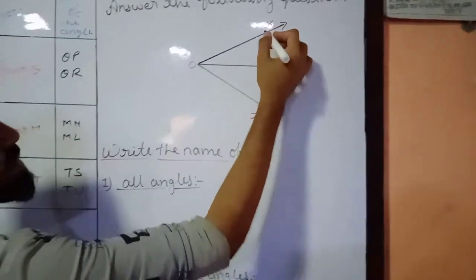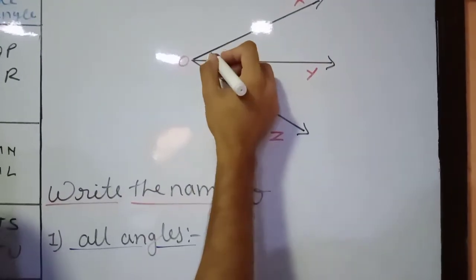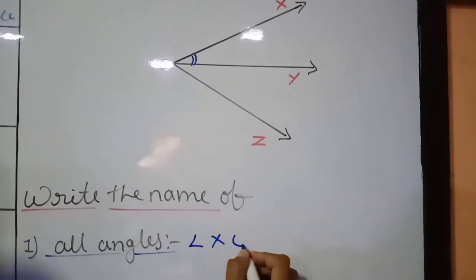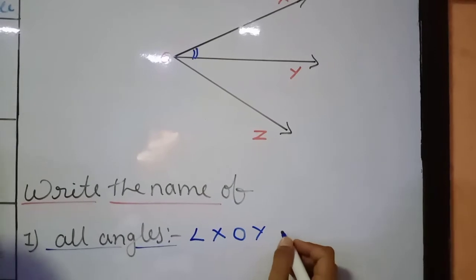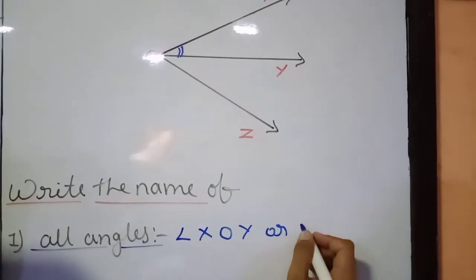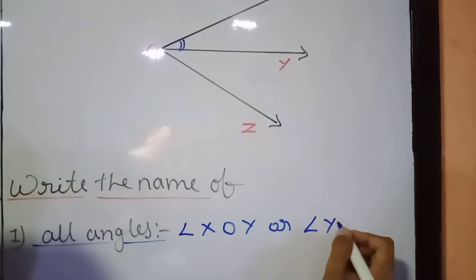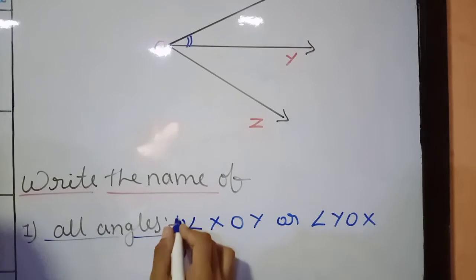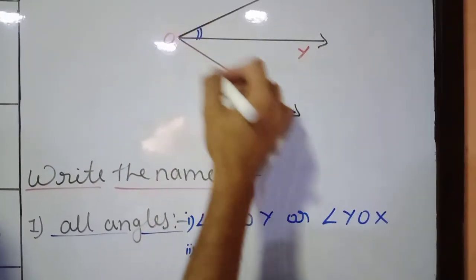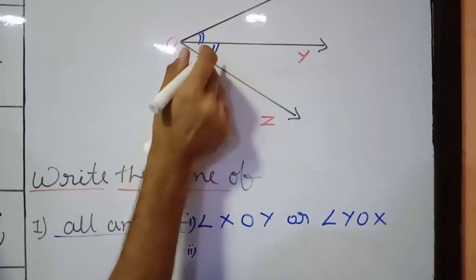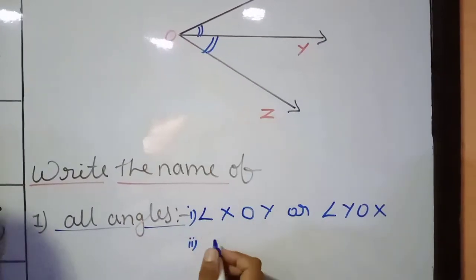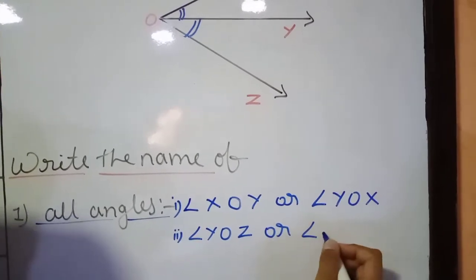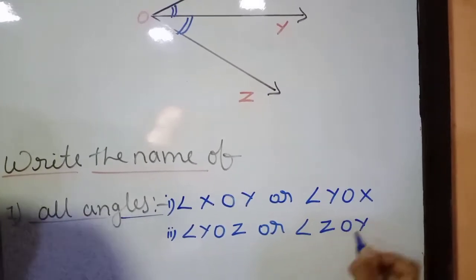So XOY, we are talking about this angle. We can write angle XOY, or the same angle we can write angle YOX. Second one, YOZ, we are talking about this angle YOZ, or the same angle we can write angle ZOY.